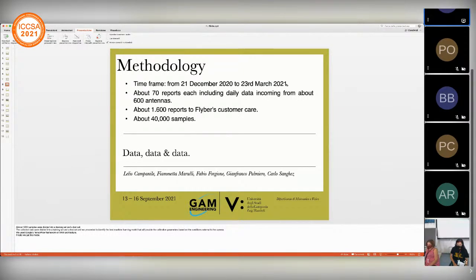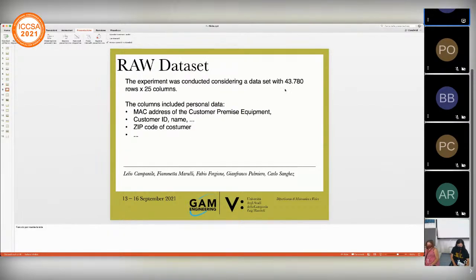About 1,600 issues from customers, and about 40,000 samples. A lot of data, a lot of sensitive information inside the data set. In the first part of our experiments, we tried several algorithms.